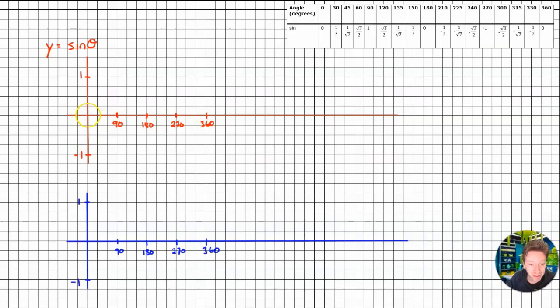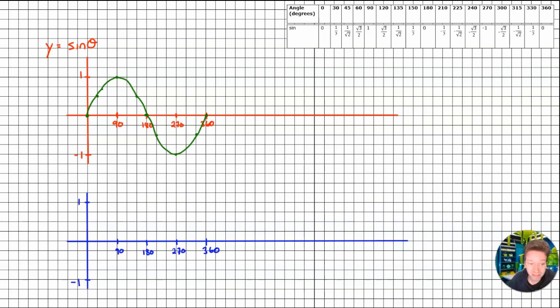So for example, sine of 0 is 0, sine of 30 would be 1/2, and so on until you have all these points. So then when we draw it out, it looks something like that. Now that is one full cycle of the sine function, but it can go on and on and on, either to the right or to the left.